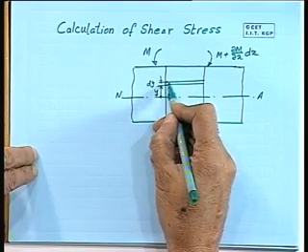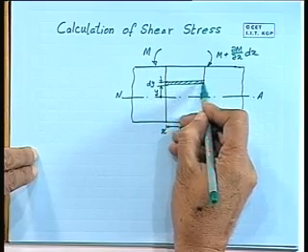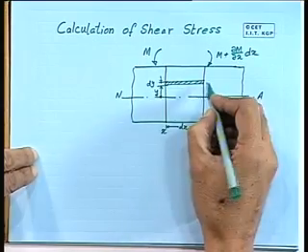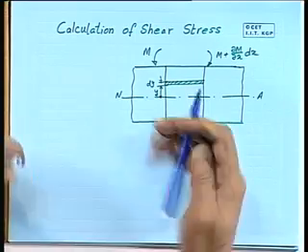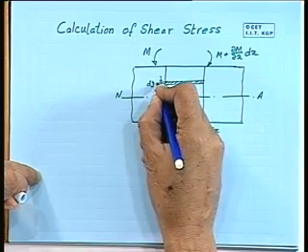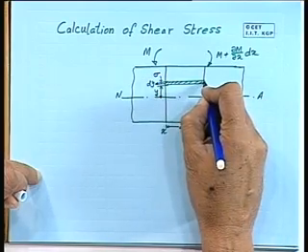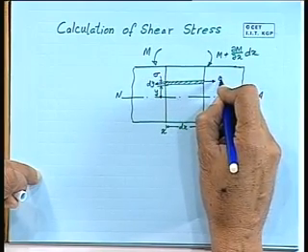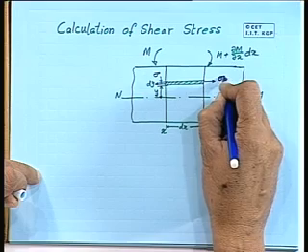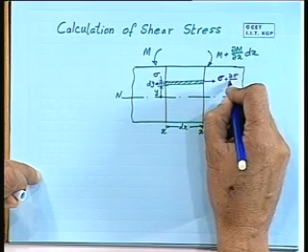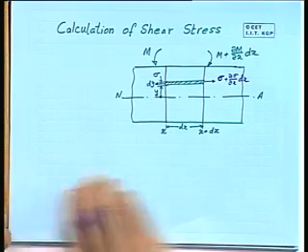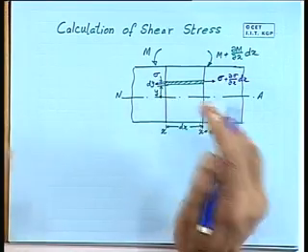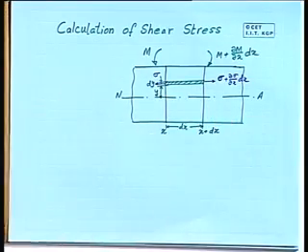So in this horizontal layer, we assume that the stress at this end is sigma and stress at this end is sigma plus del sigma by del x into dx. And this is nothing but the bending stress which is due to the bending moment applied.